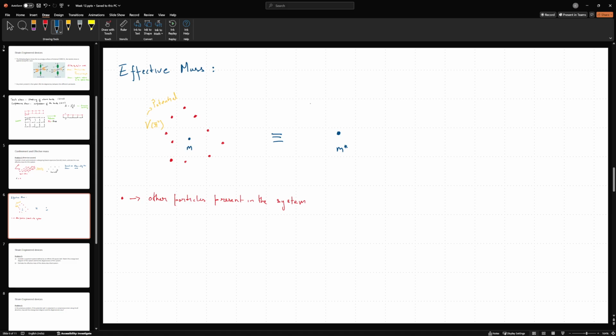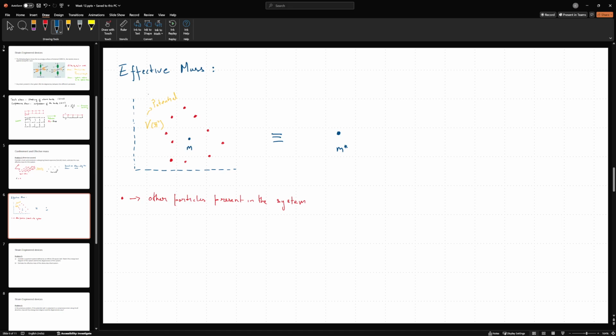Let me also do something more here. So let me say the system is a finite system. We cannot define effective masses in infinite systems.